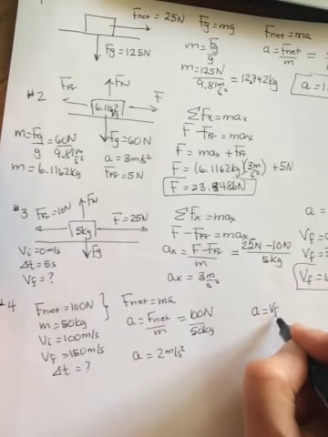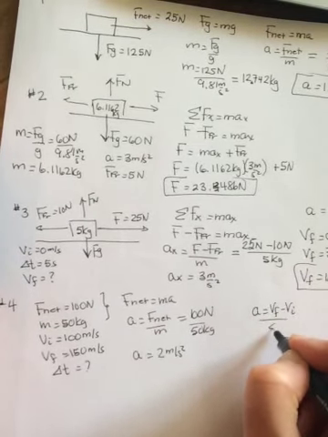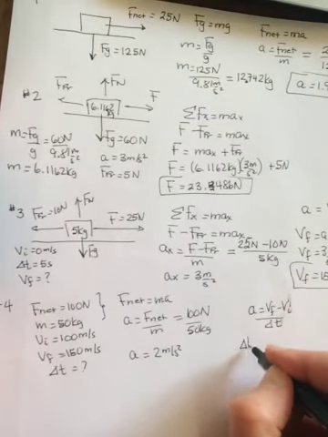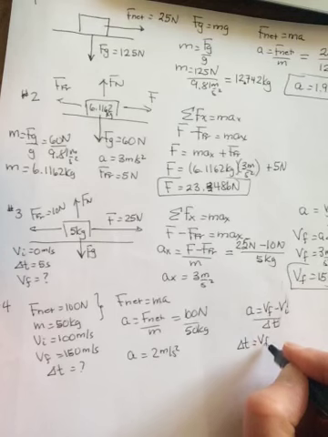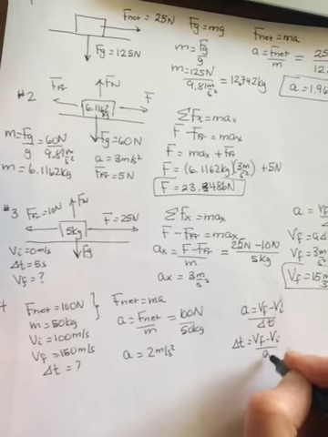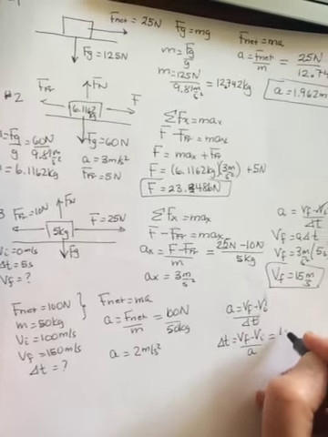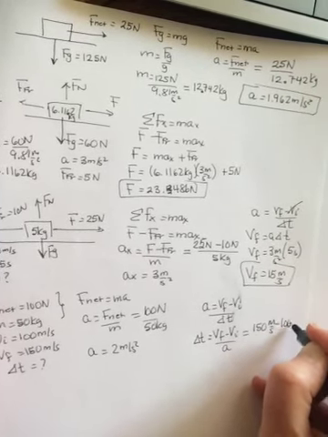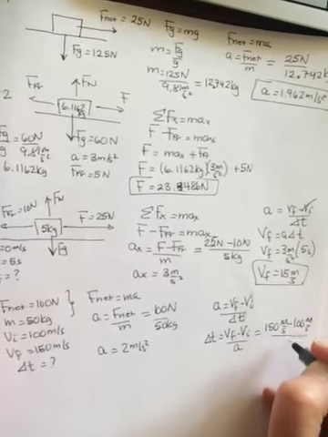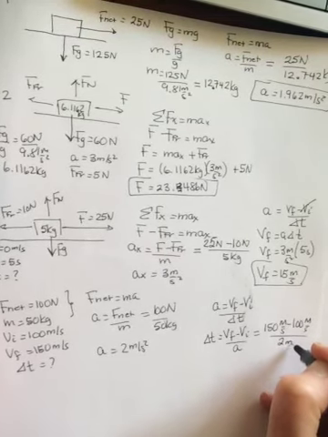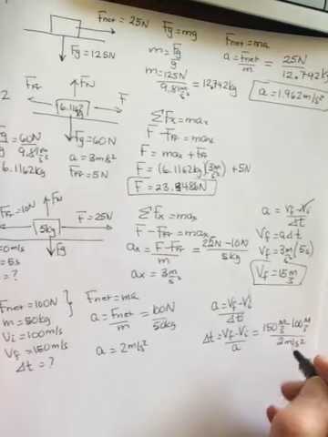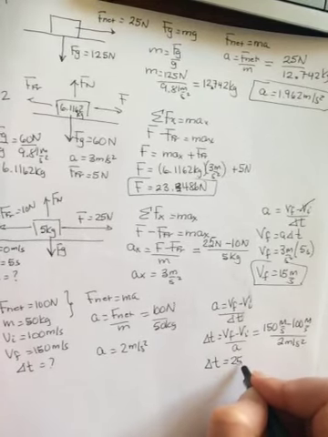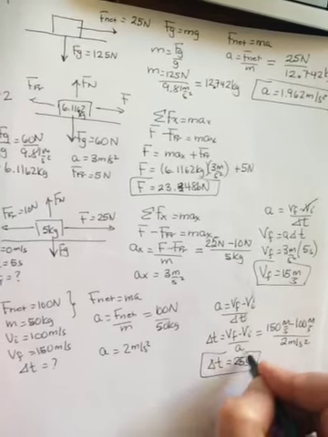So A equals Vf minus Vi over delta t. So delta t equals Vf minus Vi over A. So 150 meters per second minus 100 meters per second over 2 meters per second squared. On the top you get 50. 50 divided by 2. The time should be 25 seconds.